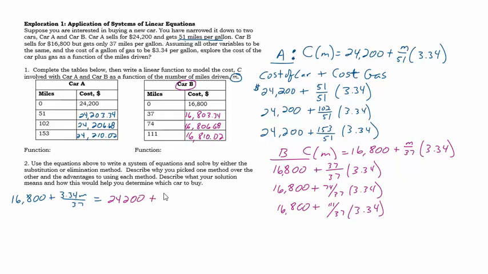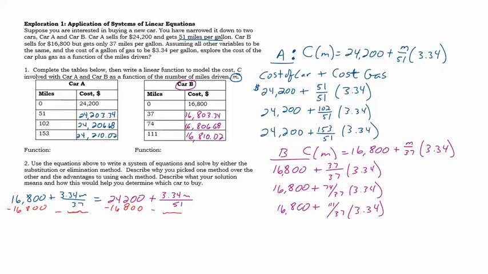Now this is a little bit of a weird equation to solve, because of the fractions and decimals, but it's not too bad. Let's start off by getting all of our constant terms on one side and all of our m terms on the other side. So I'm going to move this over here, 16,800, and then we'll move this fraction over here, okay?